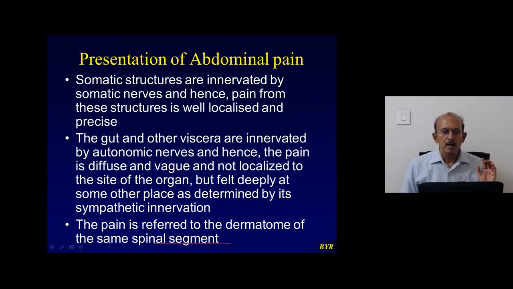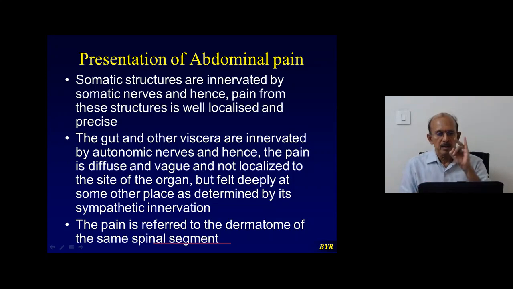So, the pain produced from viscera is only for certain types of stimuli. The regular and routine stimuli which cause pain over the skin or muscle do not cause pain in the viscera.